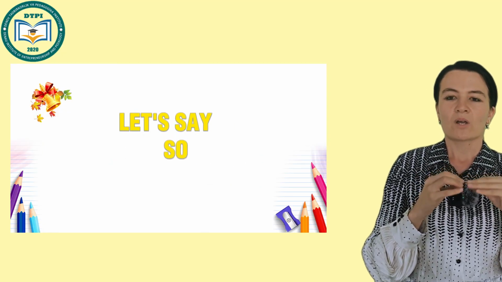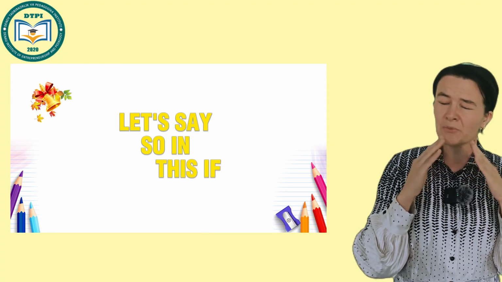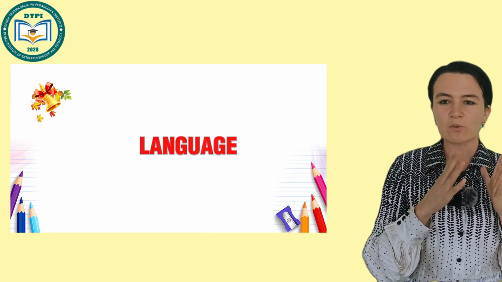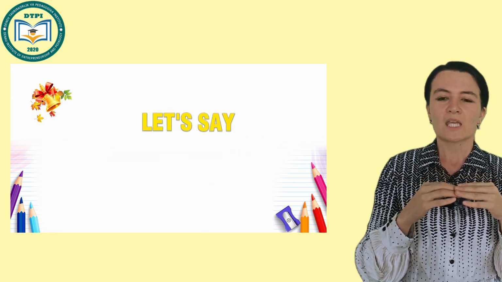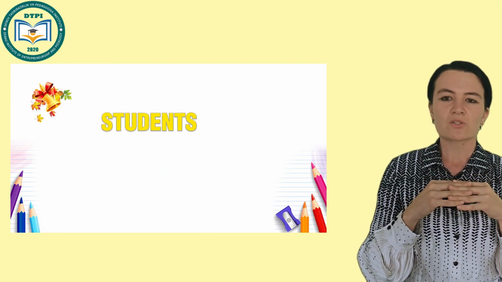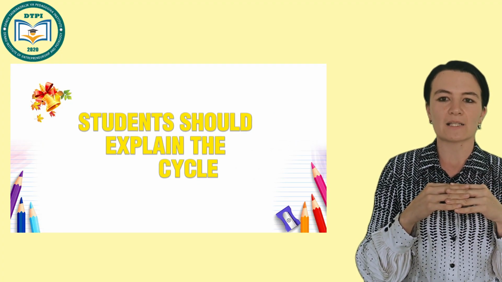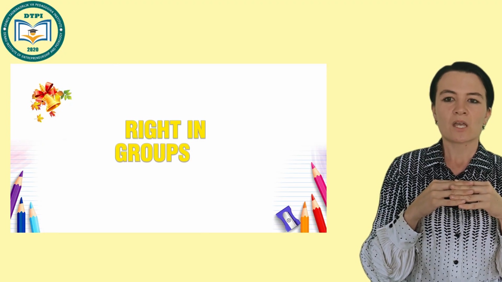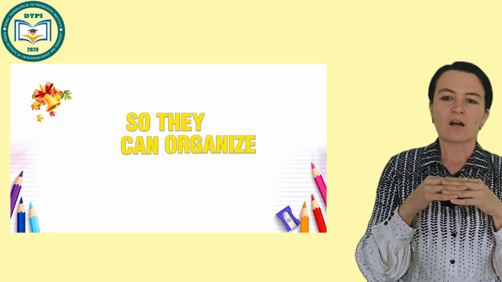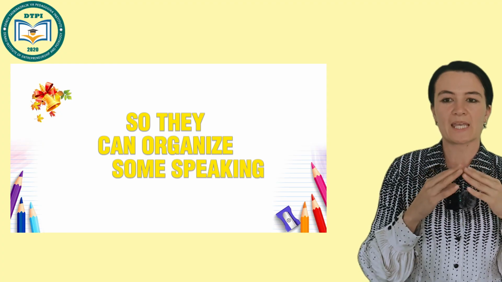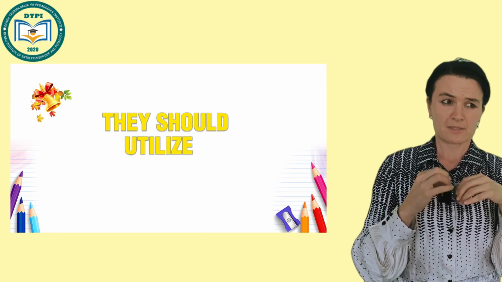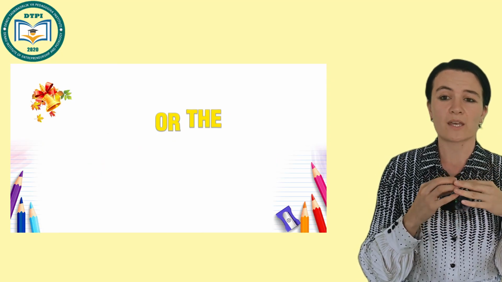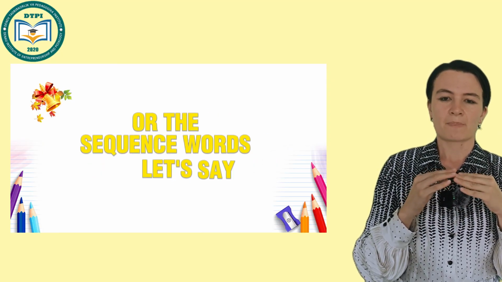If we focus on our language, we can teach the present simple or sequence verbs. In the production part, students should explain the cycle in groups, or they can organize some speaking activities. According to these, they should utilize some vocabulary words or the sequence verbs.